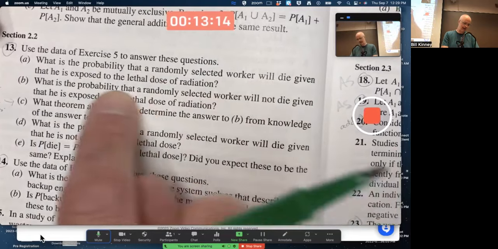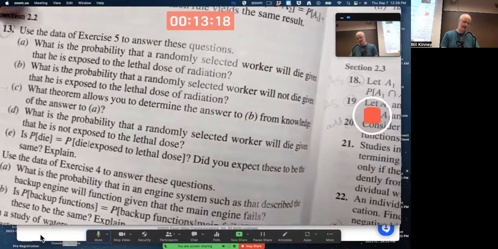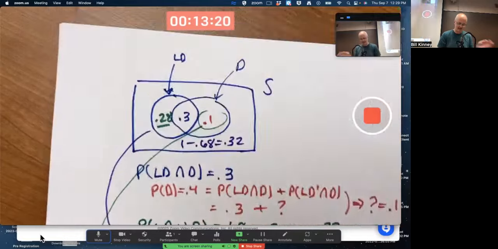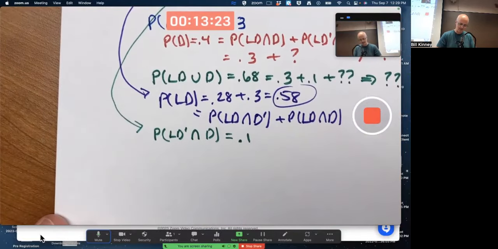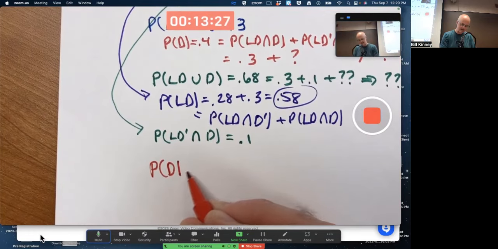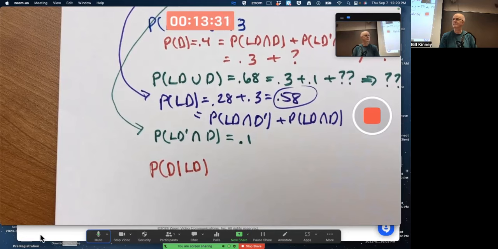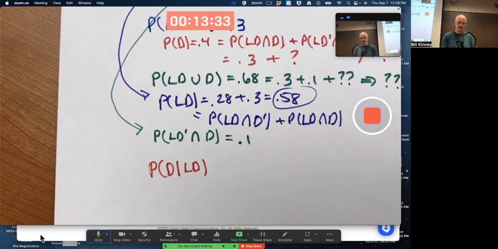If it's given that he is exposed to a lethal dose of radiation, probability that they die, probability that the random worker dies, given that they're exposed to a lethal dose. Understand this notation. Every time you see this, it's a conditional probability. Probability of the first thing, given that the second thing has been assumed to occur.